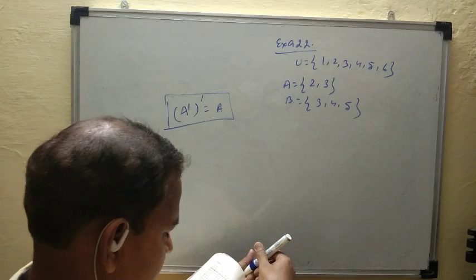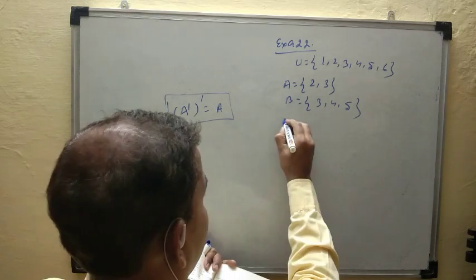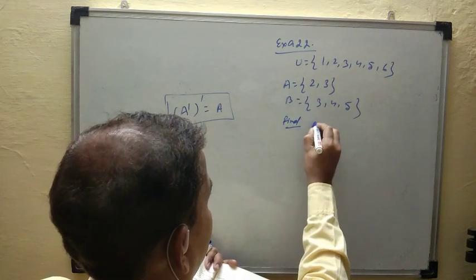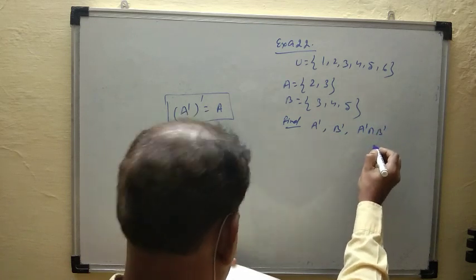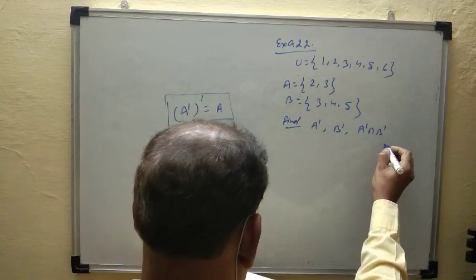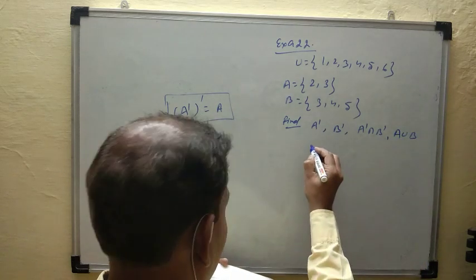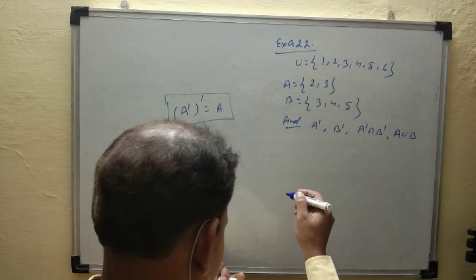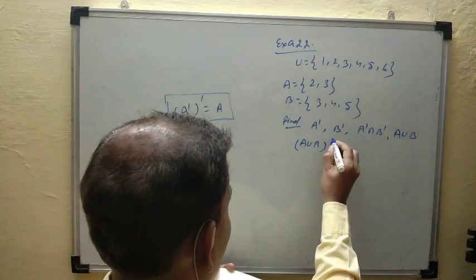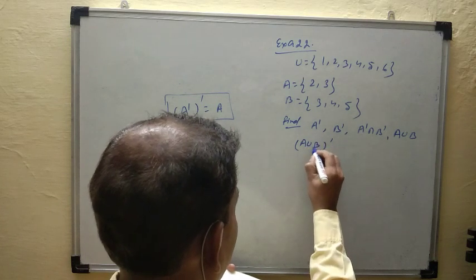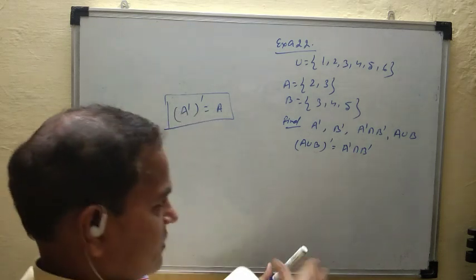Then find A dash, B dash, A dash intersection B dash, and hence A union B, and next find A union B whole dash, which is equal to A dash intersection B dash.